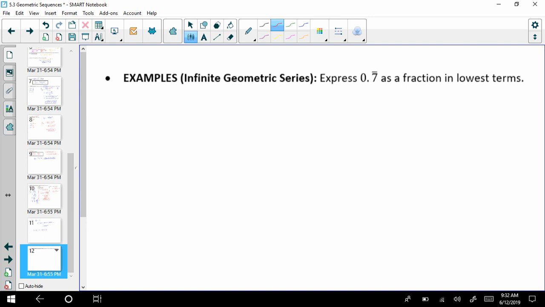All right, and the very last thing here, express 0.7 repeating as a fraction in lowest terms. Now this is crazy. So 0.7 repeating means this, forever.